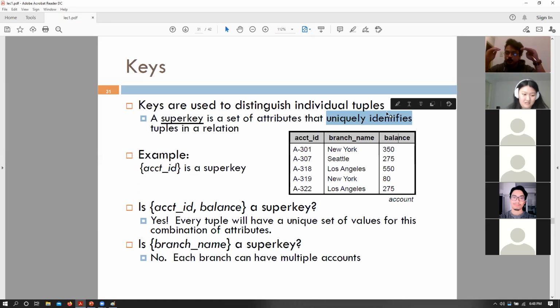That super key cannot be a duplicate. So in that sense, can we say that the combination of account ID, branch name, and balance, all put together, make up a super key? Can we use these three attributes to uniquely identify every tuple in my database?